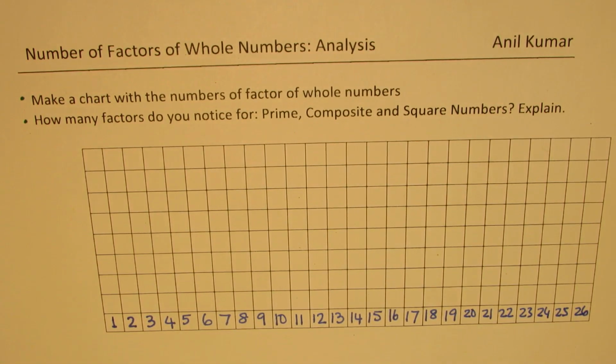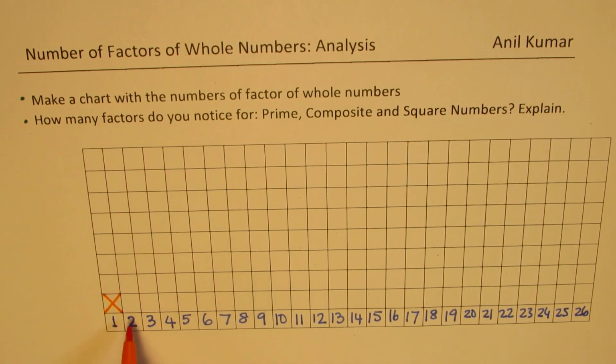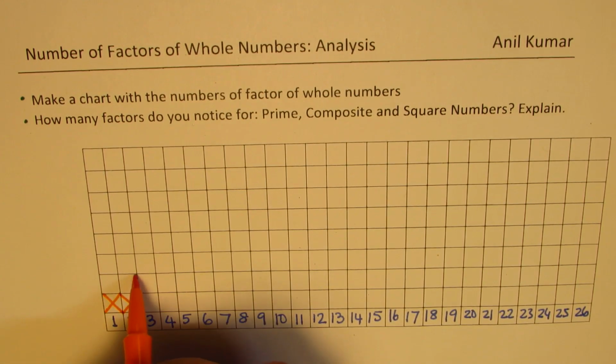As far as 1 is concerned, we know that 1 has only one factor, right? So the factor of 1 is 1, so we'll cross this out. As far as 2 is concerned, 1 and 2, it has two factors, right? So 1 times 2 is 2.